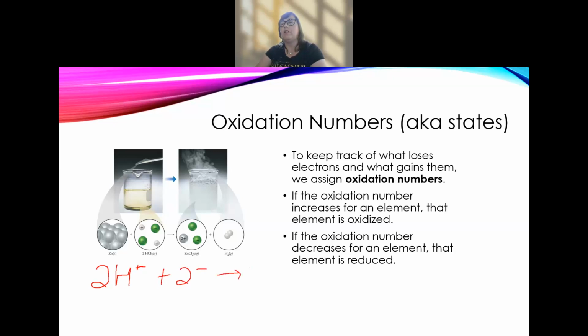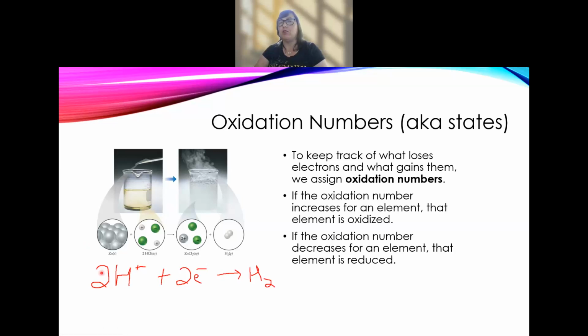Now I could have done this in the more traditional way: H+ goes to H2, and then I need 2 H's, and because this is 2H+, I need 2 minus. Oh, and that's 2e-, sorry. Didn't write everything. What we have in this case, this hydrogen that's here, is a positive charge, right?